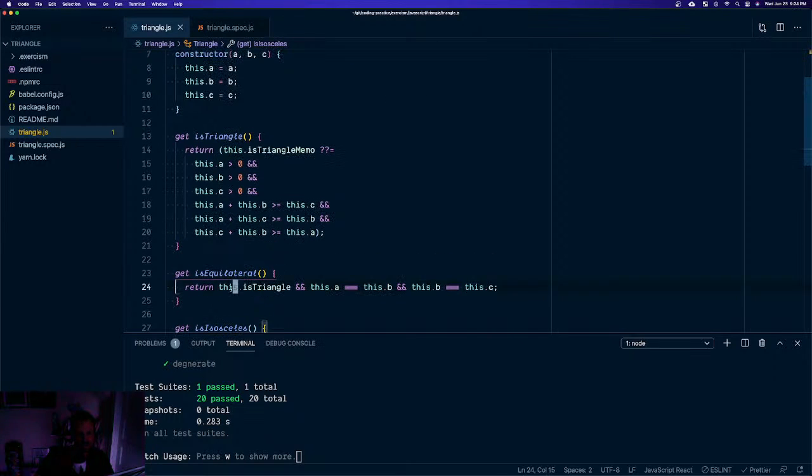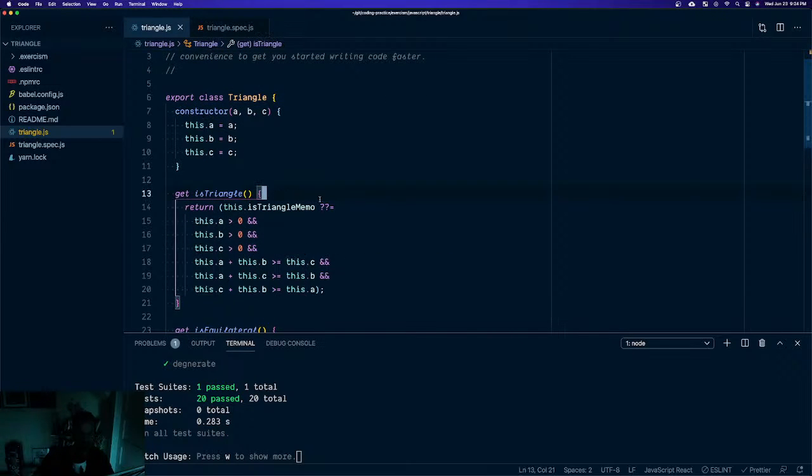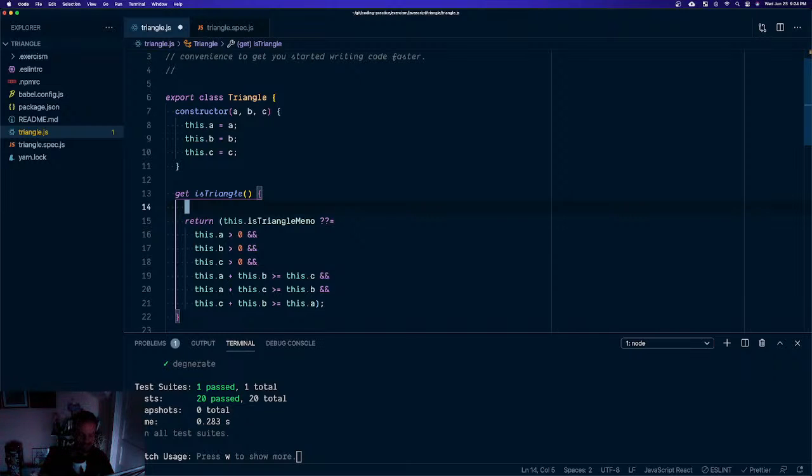But what I am going to do is get rid of all the thises, and here's my idea for that. Ready? Check this. Because we're doing an assignment to the is triangle memo, so I can't use const unless I do that in a separate statement. I am not going to be doing that.